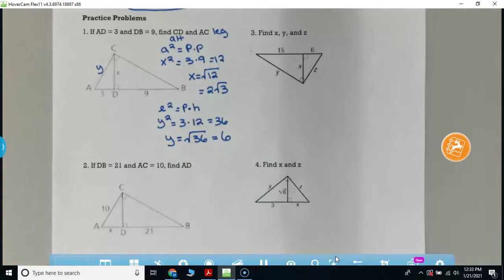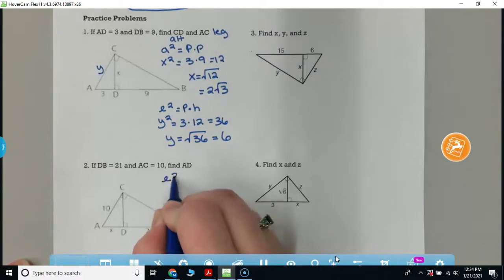All right, moving on to number 2. If DB is 21 and AC is 10, find AD. So AD is a part, and I'm given the leg. So we're going to need to use our leg formula to find the missing part.